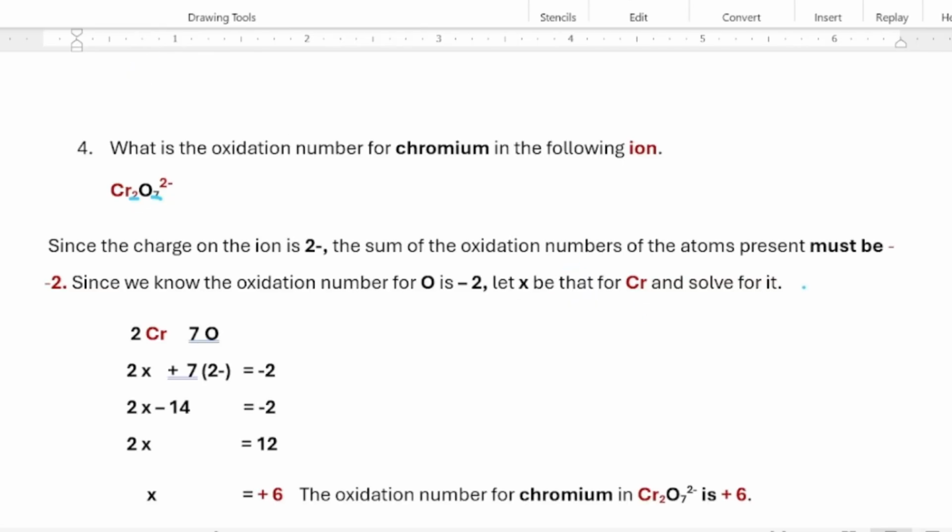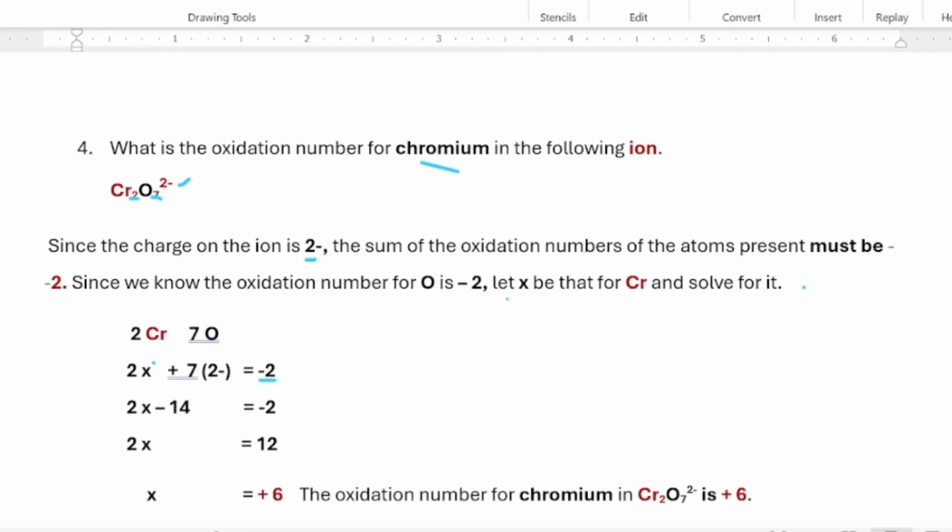Now we come to finding the oxidation number of a species in an ion. In this case, we're trying to find the oxidation number of chromium in this dichromate ion with a valence of 2 negative. Now it's a slightly different ball game. It's not a neutral compound, but it's a compound with a valence of 2 negative. So that means that the sum of the oxidation numbers for all the species present must be equal to negative 2.